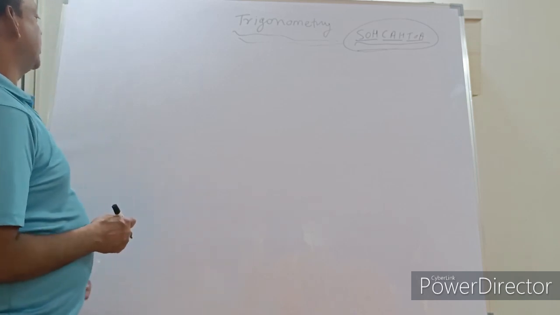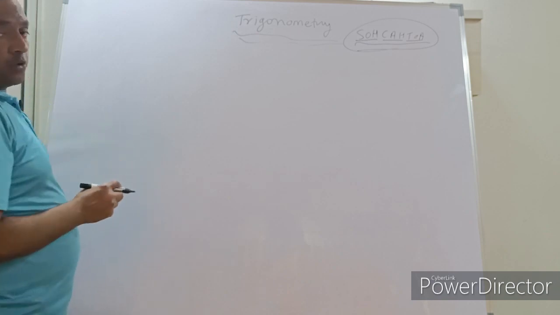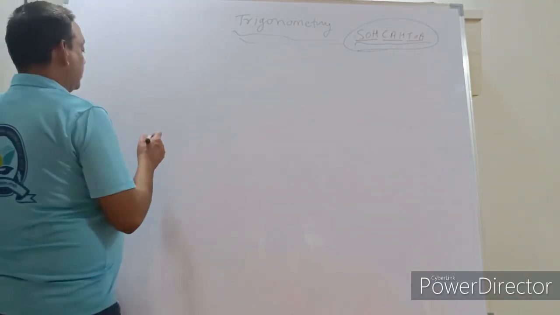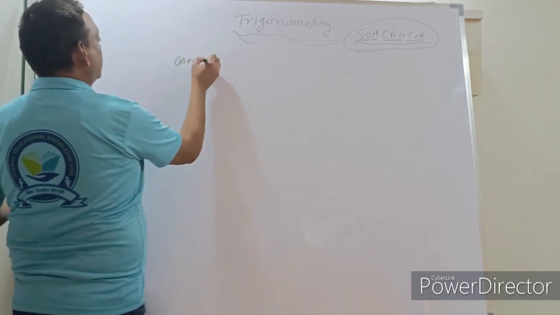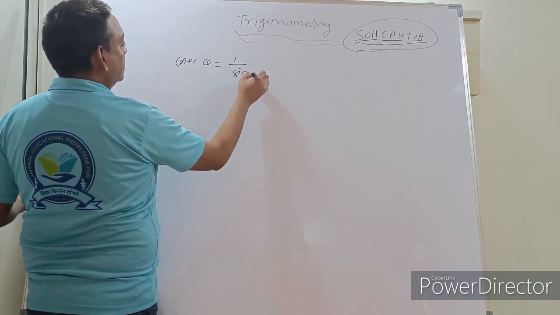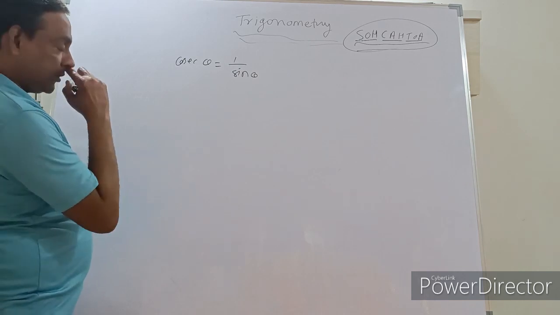As I just explained, sine is the reciprocal of cosec, or cosec is the reciprocal of sine. So if I say what is cosec theta, it is nothing but 1 upon sine theta. This is one of the formulas, or you can say sine theta is equal to 1 upon cosec theta.